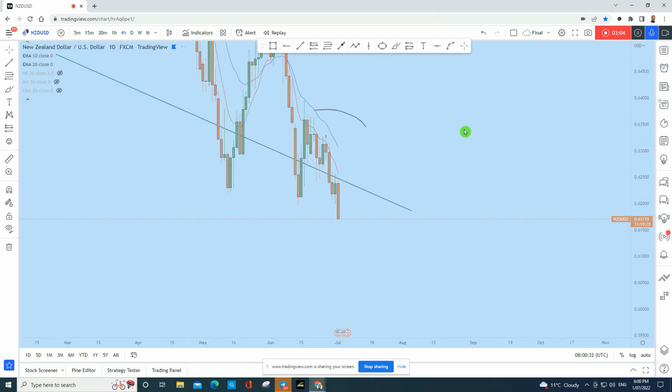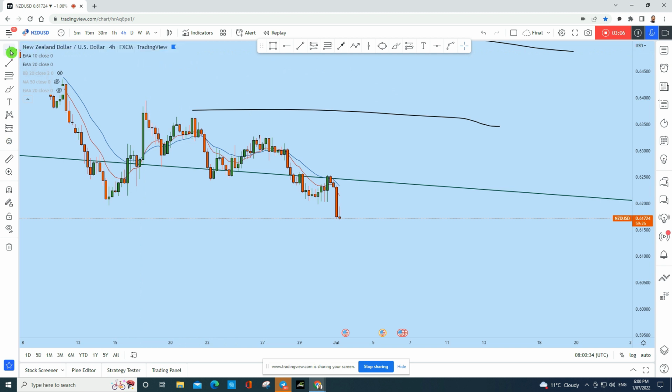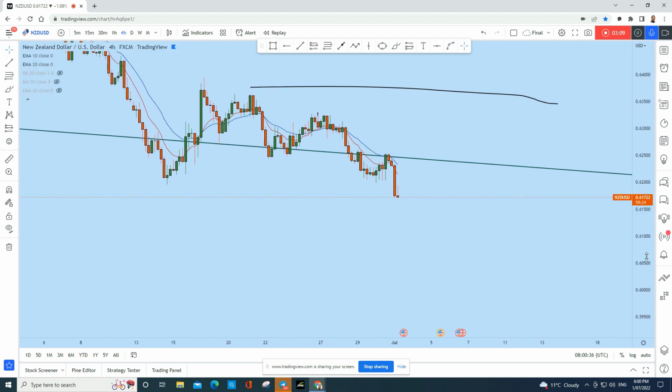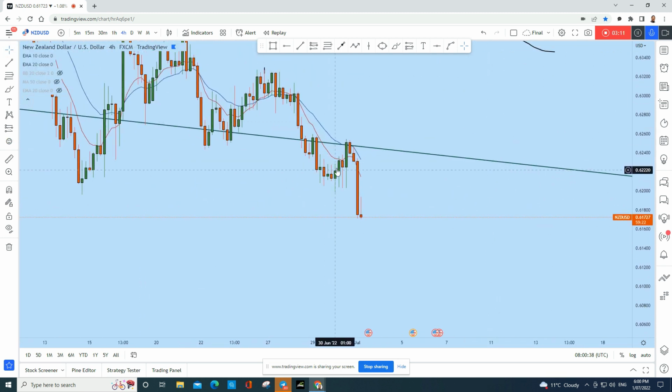Now if you look at the intraday or 4-hour time frame, this is where we see a significant trading opportunity. You saw that there was a move to the upside, which created a double top in this resistance. So this support was tested as a resistance with this double top, tested to this 20 period moving average as well on the intraday or 4-hour time frame.